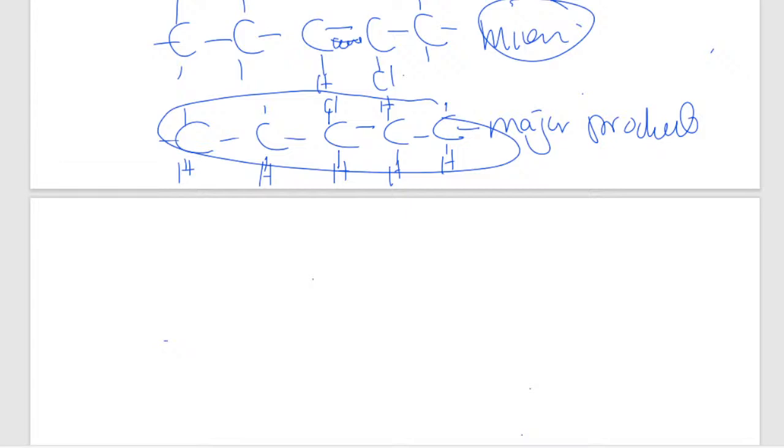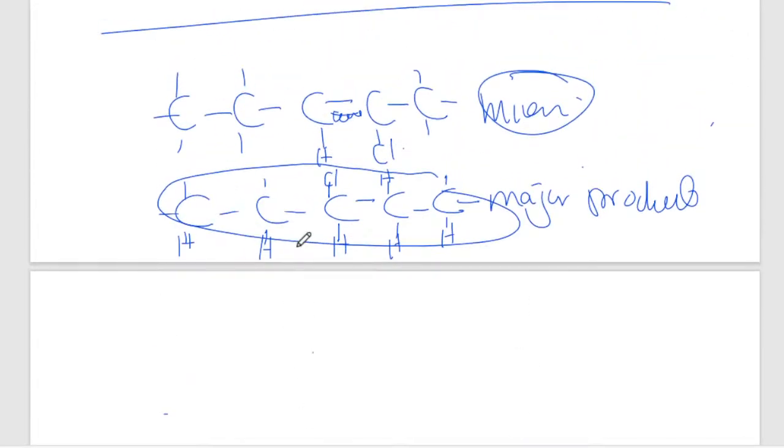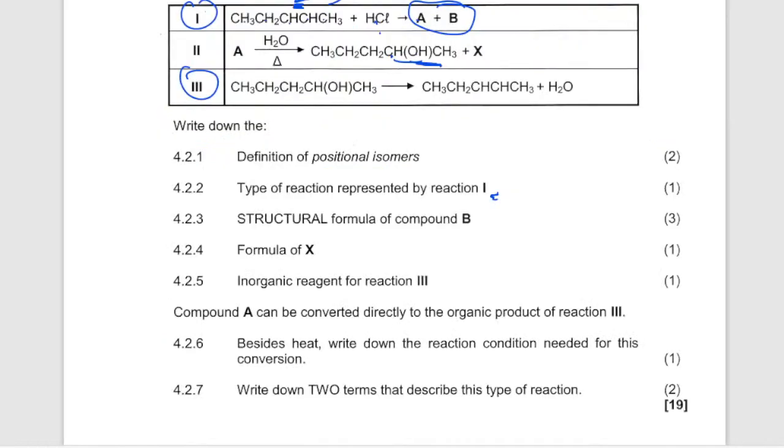And then saying that, yeah, so we are done with this, and then we go to this one. Saying that, write the structure formula of compound B. Okay, we are done with that.